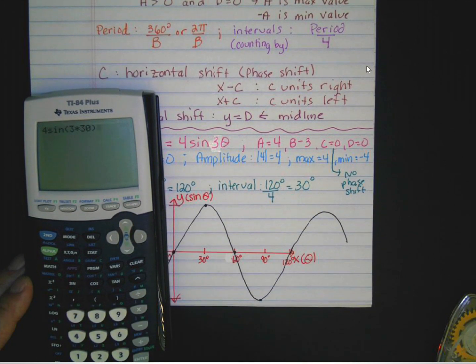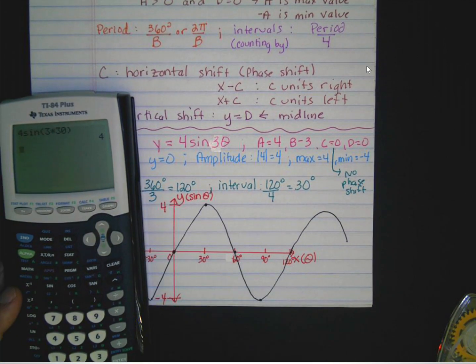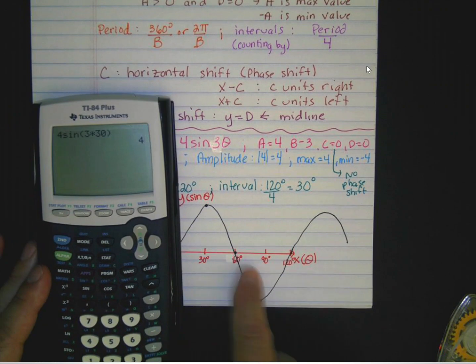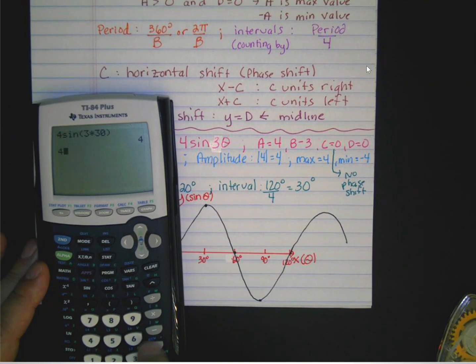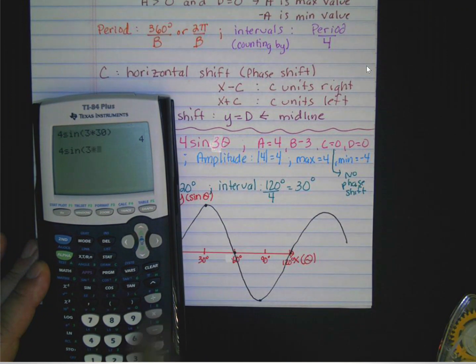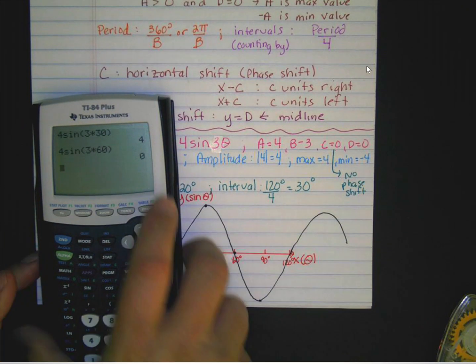It better say 4 or I'm quitting. 4, see? And we're at 4. And if I put in 60 degrees in that same thing, because 60 we're saying is 0, 4 sine 3 times 60, 0. See? I'm not making stuff up. And we could go around and around and check that.